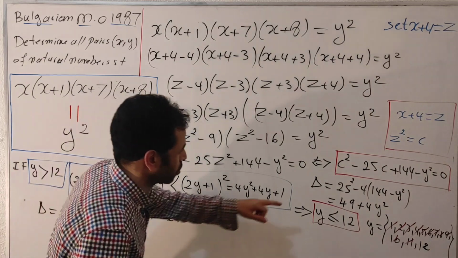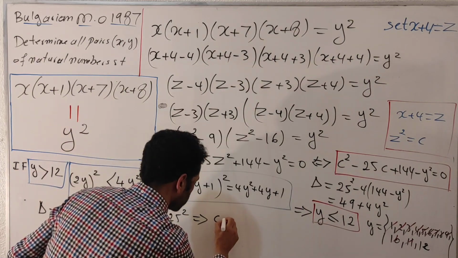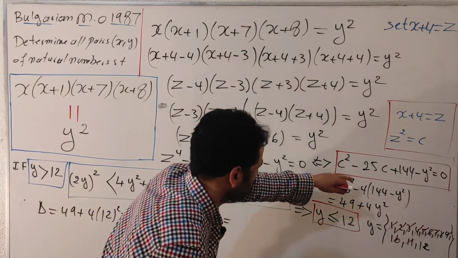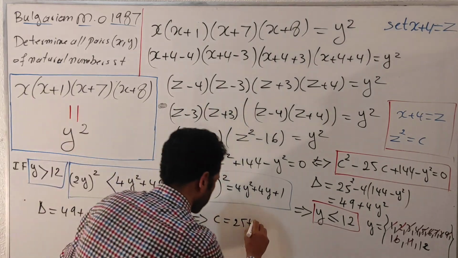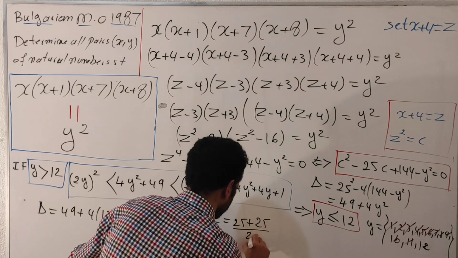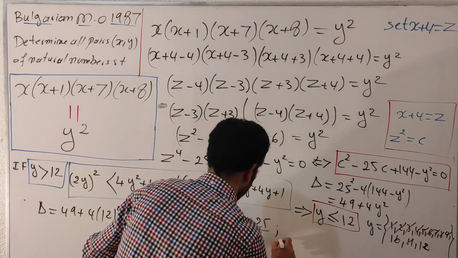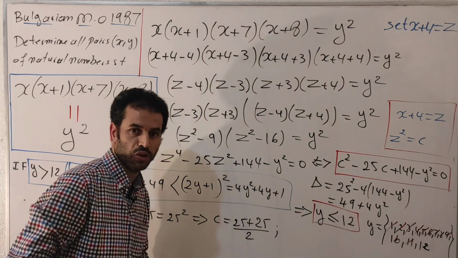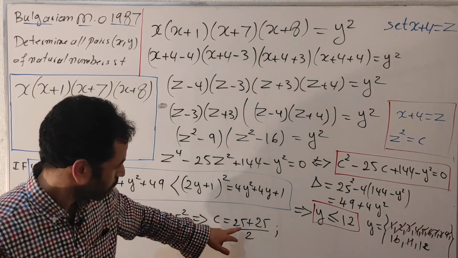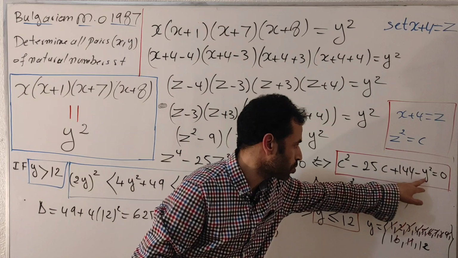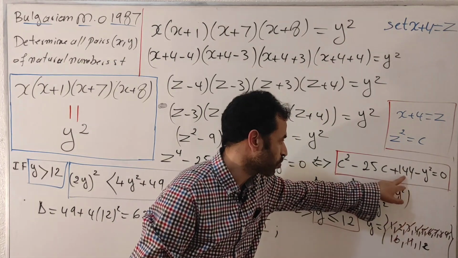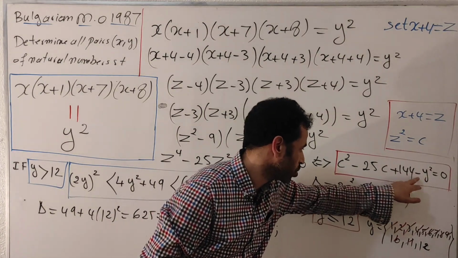By solving this equation, I will have C as a solution equals 25 plus the square root of delta, which is 25, divided by 2. So we don't have a second solution, because we have 25 minus 25, which is 0. So y equals 12, that means y squared is 144. 144 minus 144, which is 0.